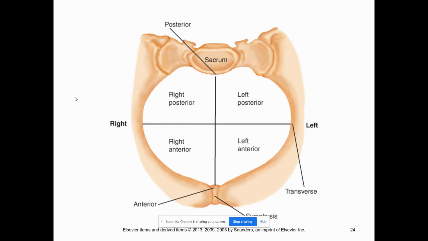So spend a little time looking at that so you know right or left where the presenting part is sitting. Then is it occiput, mentum, or sacrum that's presenting? And then is it anterior, posterior, or transverse?